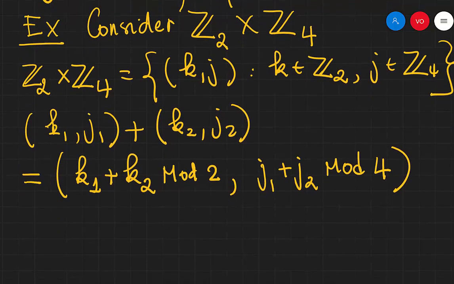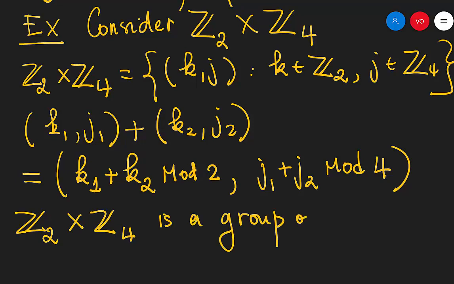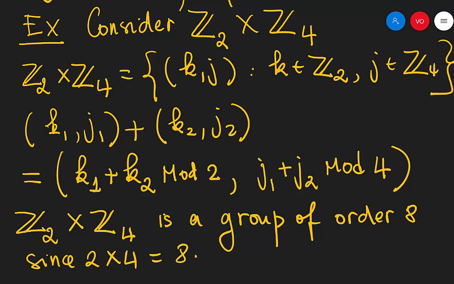That is our operation here. So Z2 cross Z4 is a group of order 8, since 2 times 4 is 8, right? Okay.